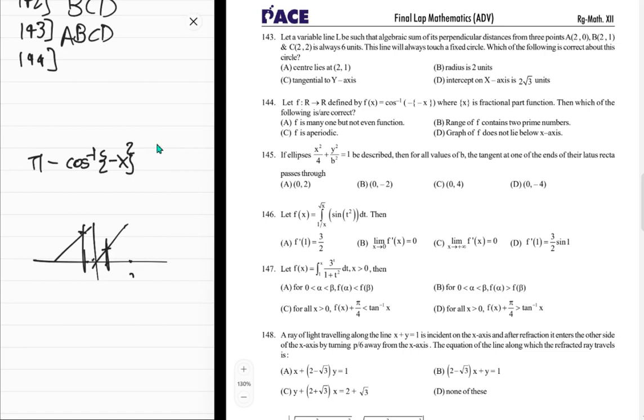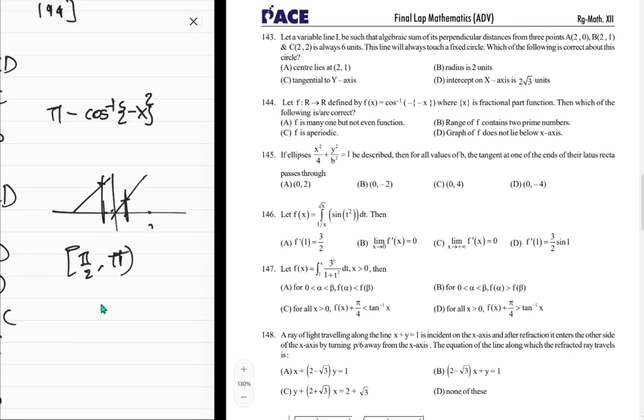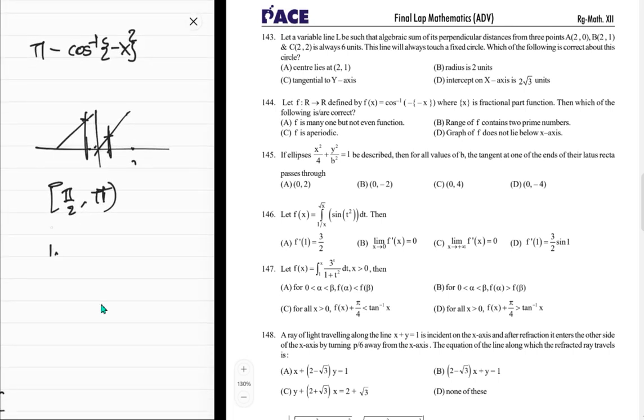So pi by 2 is included, but pi is not, because that would need the fractional part to become 1, and fractional part can never equal 1. So the range is pi by 2 to pi. Anyway, it's irrational, so what's the difference? Pi by 2 is 1.7 something, whatever, and pi is 3 point something. So 2 and 3 are in there, and yes, these are prime.